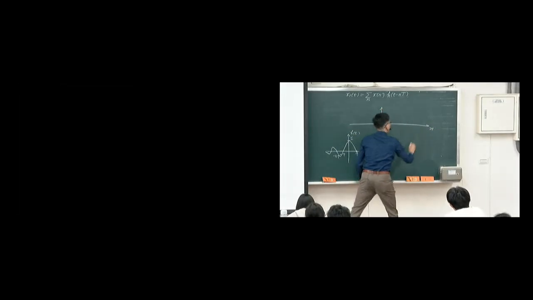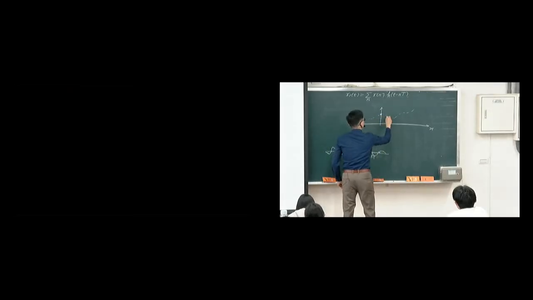Let's say, suppose that after C to D, now everything is in discrete time. And we have the first sample, second one, third, fourth, fifth, sixth, and so on.